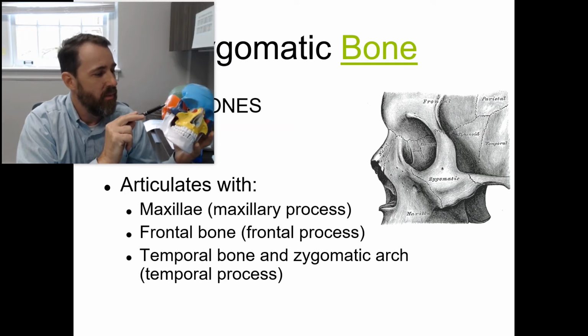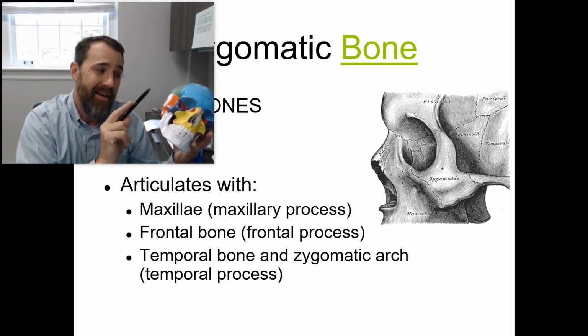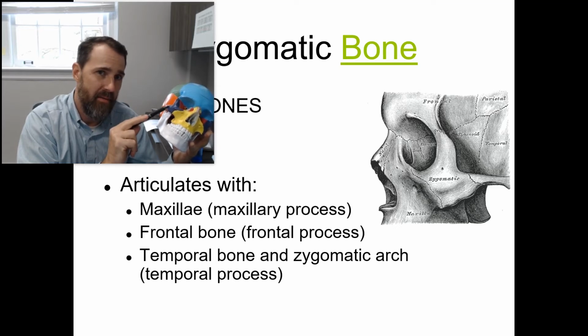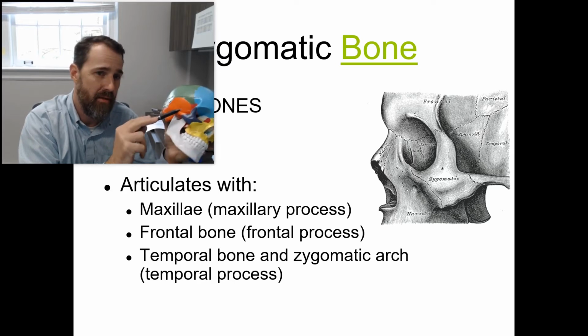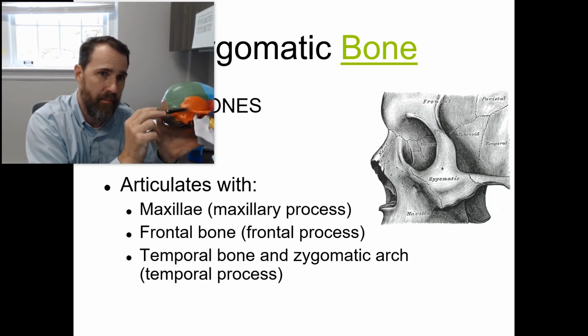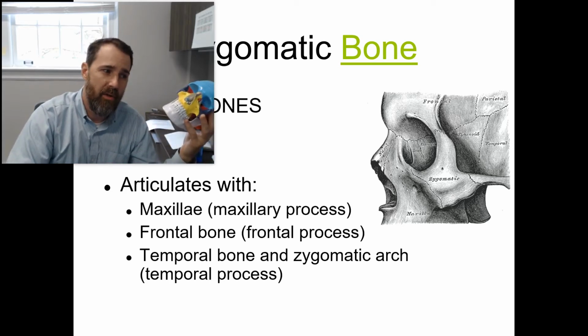And it articulates with the temporal bone at what is known as the temporal process of the zygomatic bone. And the temporal process of the zygomatic bone articulates with the zygomatic process of the temporal bone. So notice how the language that we're using works there.